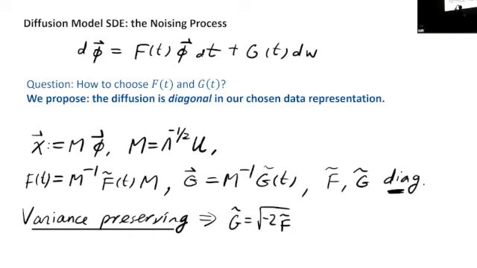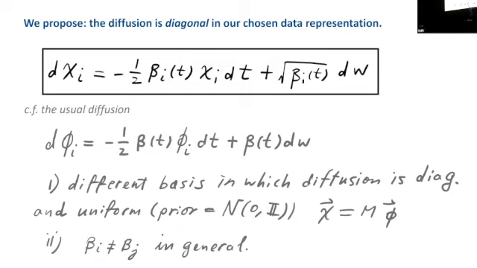We also want it to still be variance preserving, and so there is this relation between the drift and the noise term. Putting things together, we get to this version of the diffusion SDE that we will work with. Okay, a few comments.